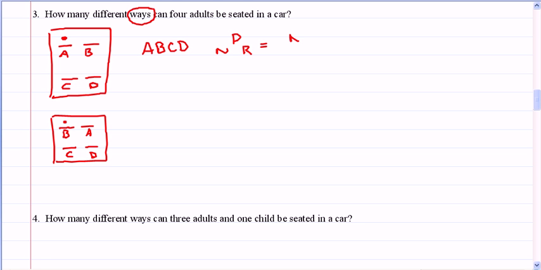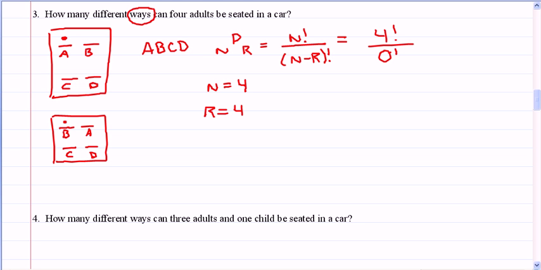The formula is n factorial over n minus r factorial. And we have 4 adults that are to be seated. So we have 4 people to choose from, so n is 4. We're seating all 4 of them, so r is also equal to 4. So we take the numbers and plug them in, and we end up with 4 factorial over n minus r.